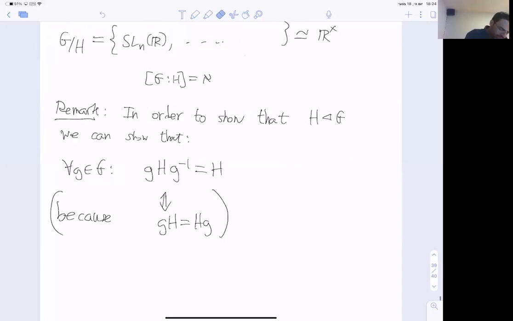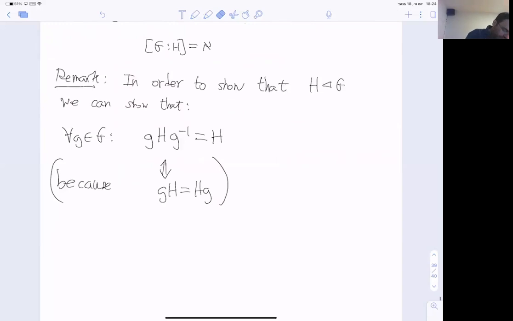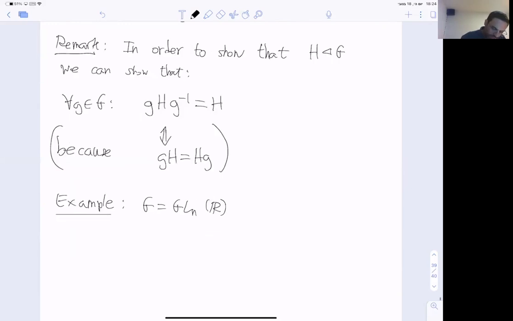An example. Let us take the previous one. Take G to be GLN and H to be SLN. SLN means all matrices with determinant 1.